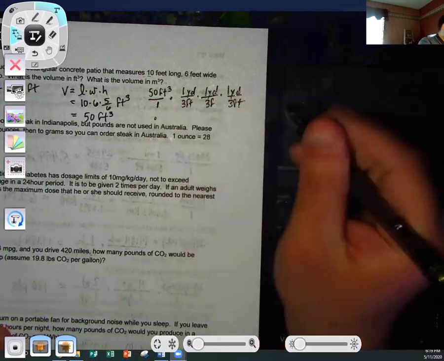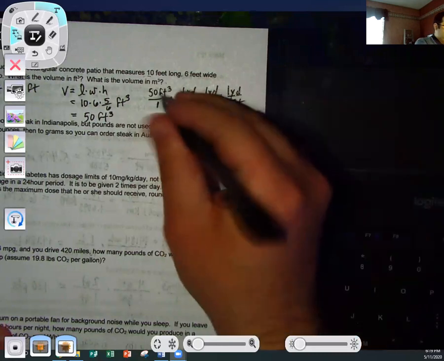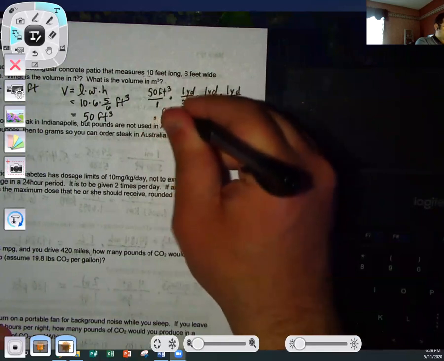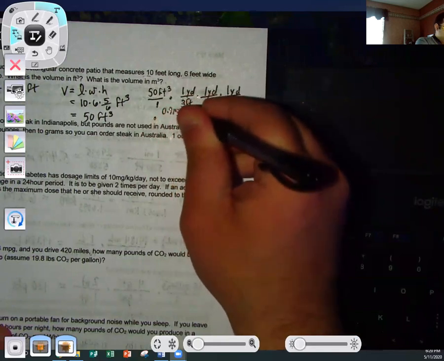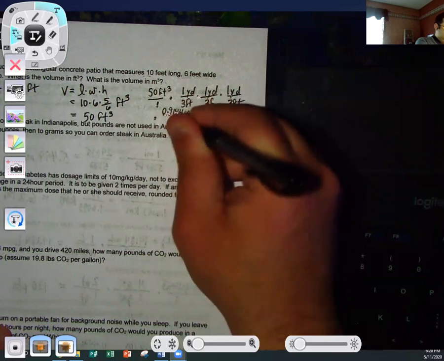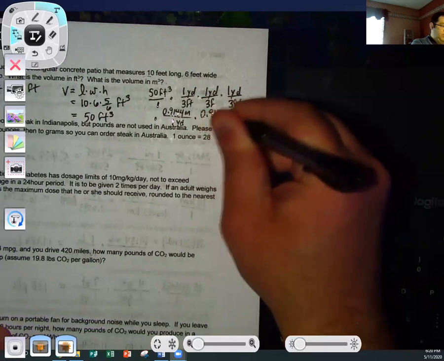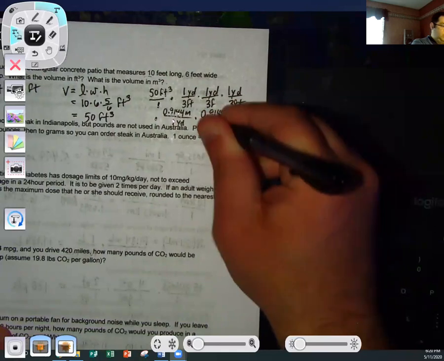And then I would multiply that by the fact that there's 0.9144 meters in 1 yard. And I would multiply by that 3 times. Because again, we're working with cubic feet.